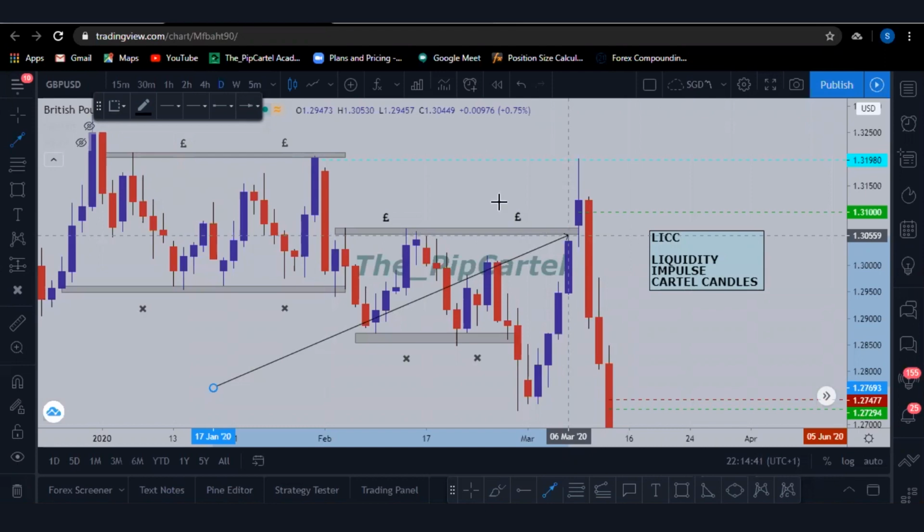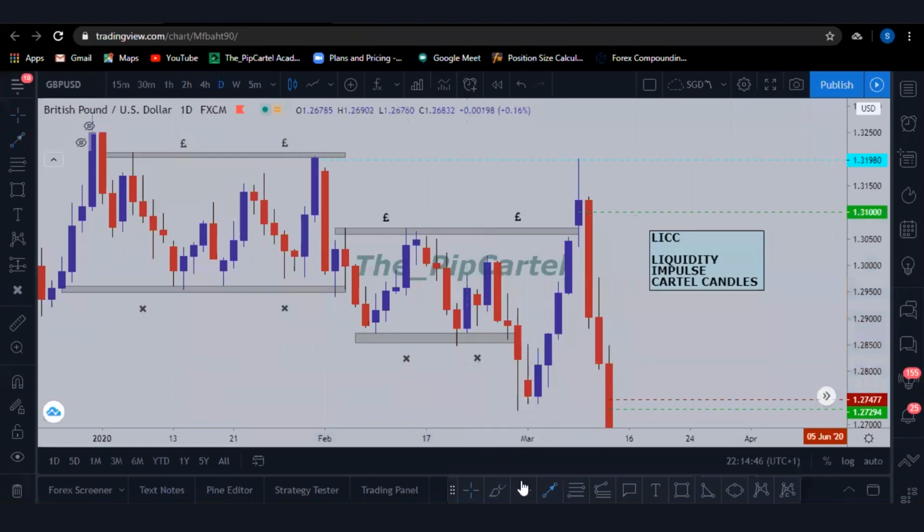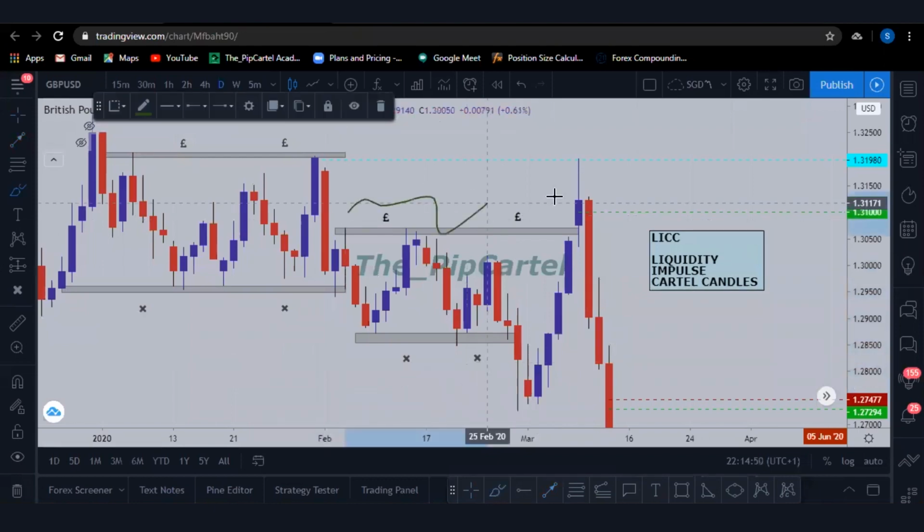I know most of you have noticed that, and the basic reason is that at this level, this is where you're going to be putting your stops. You're going to put your stop losses here and at the base as well.